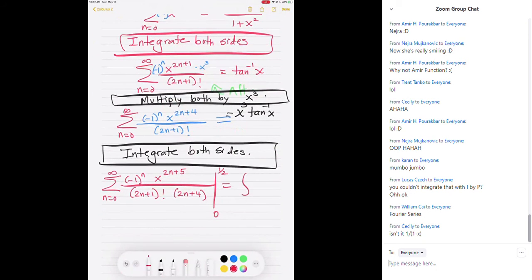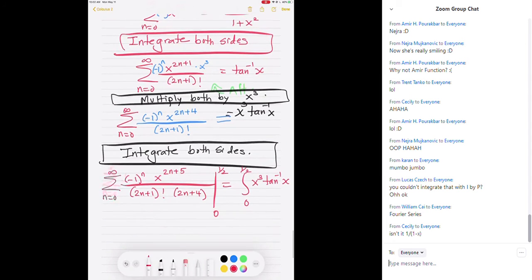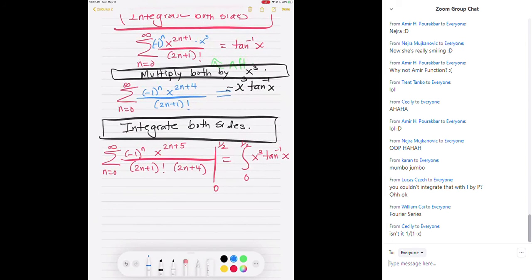And this is the integral from 0 to half of x cubed tan inverse x. So what is the idea then? First, I'm just going to write it out. When x equals 0, all these terms are going to disappear. So here we go. And then I'm going to take questions if there are any.